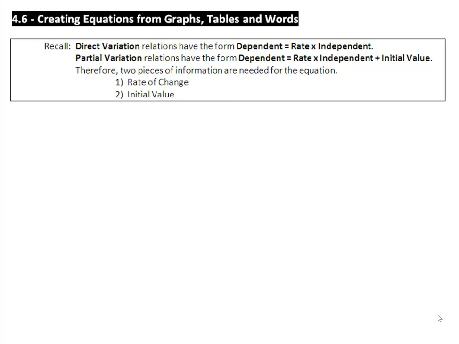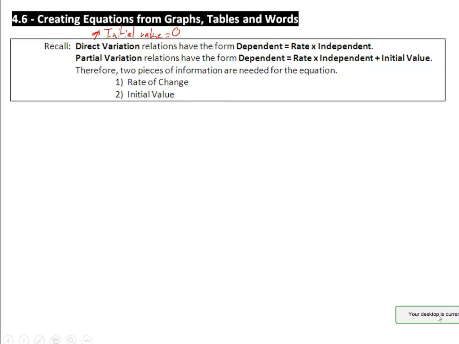One is the rate of change, two is the initial value. Direct variation, the initial value will just be 0, whereas partial variation, it will be anything but 0. So that's the only difference between the two. Direct variation will have your initial value equal to 0.